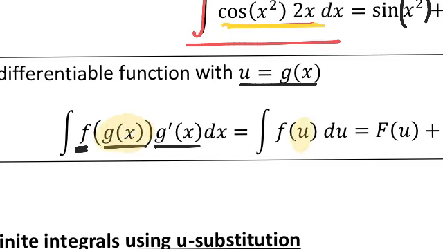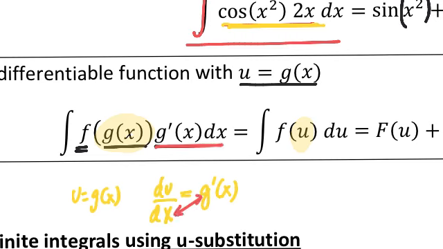If we think of du dx, well, u is just g of x, so du dx would be g prime of x. And so you can see that this term, g prime of x dx, is nothing other than du. If we cross multiply here, du is equal to g prime of x dx, right?